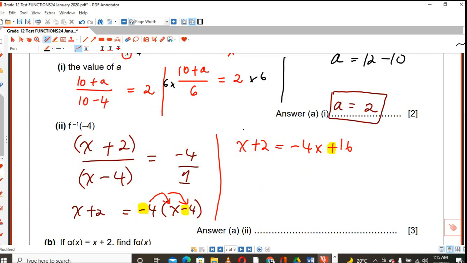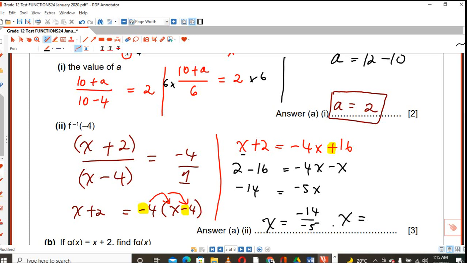Okay, so simply collect like terms. So I have 2 minus 16 equals negative 4x minus x. So that is minus 14 equals minus 5x. At the end of the day, you're going to have x equals negative 14 divided by negative 5.